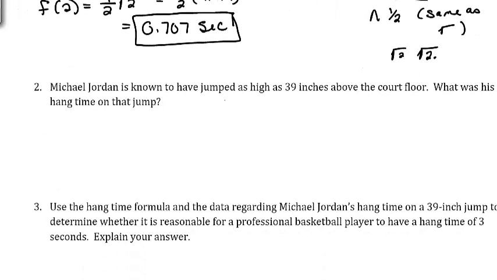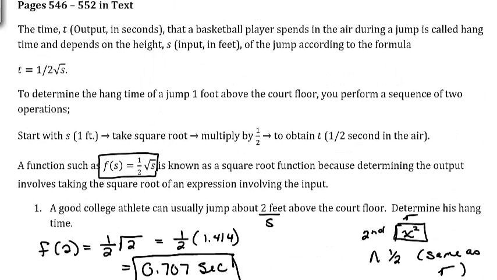Michael Jordan is known to have jumped as high as 39 inches above the court floor. What was the hang time on that jump? Now I want to calculate f of 39, but this is in inches, and notice that in our equation, time t, the output, is in seconds, but s is the distance in feet.